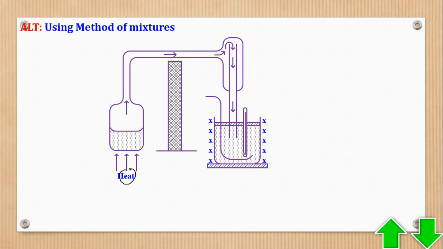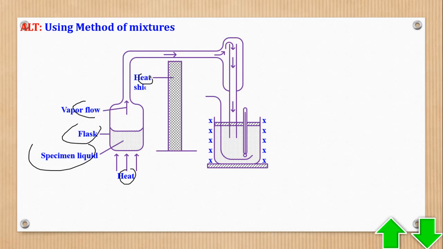So we have the heat, we have the specimen liquid, we have a flask, vapor flow, heat shield, stirrer, lagging, vapor trap vessel. I think you realize that here it is a little up so that the condensed water doesn't go here, it just falls down.